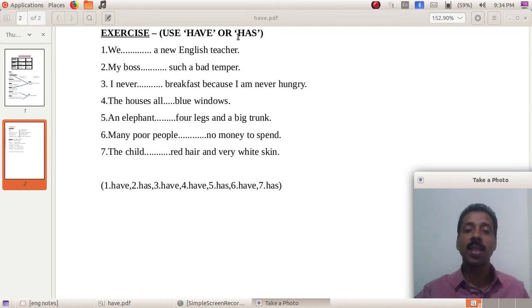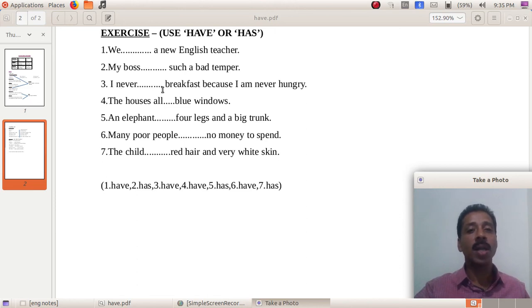In order to see whether it is have or has, you have to look at the subject, and here the subject is we, and we learned that with we, have is to be used, not has. So we have a new English teacher. Second one, my boss dash such a bad temper. My boss is third person singular, so has is to be used. My boss has such a bad temper.